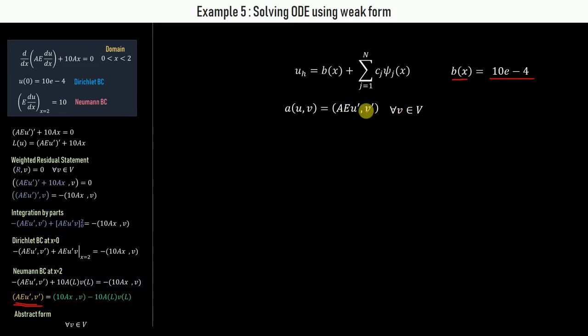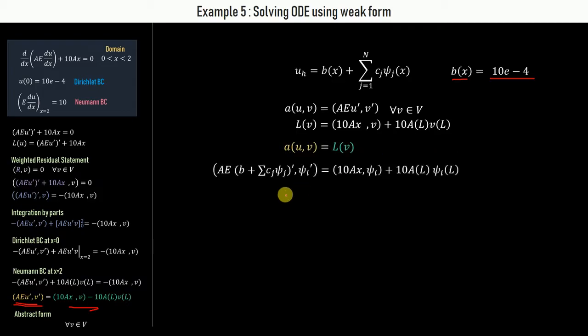And for all v belonging to V, and L(v), this part is this. Okay, now we substitute in this our approximate solution. We substitute this here, and we convert this one statement to n set of equations, by inputting psi i's in place of v.